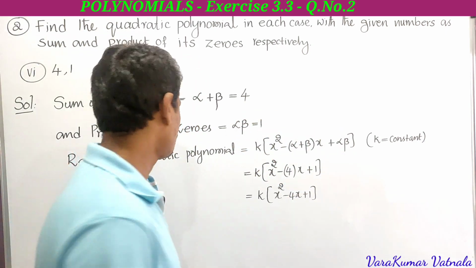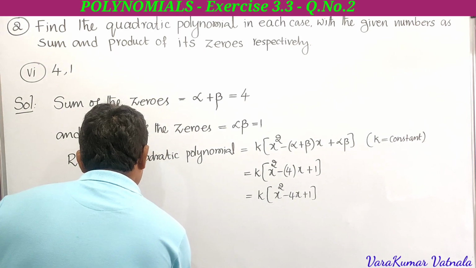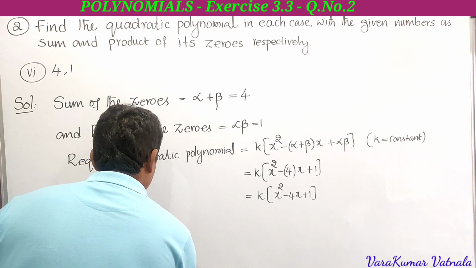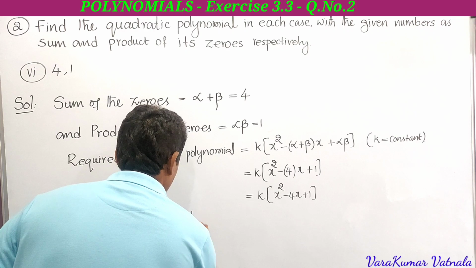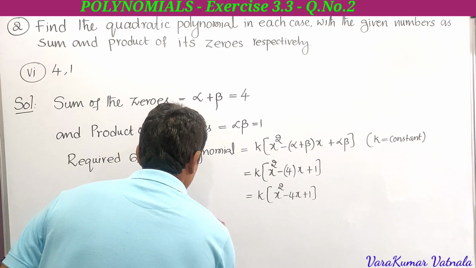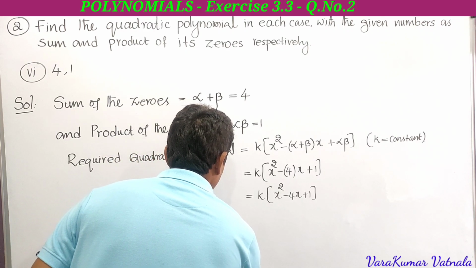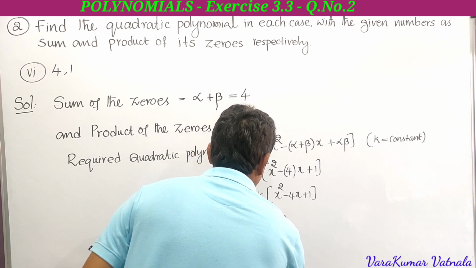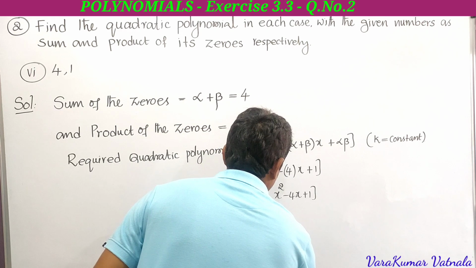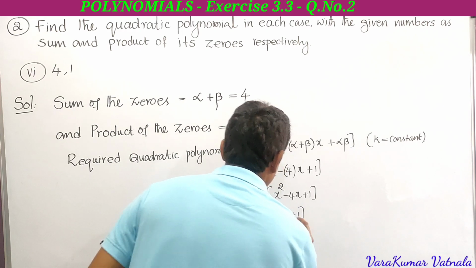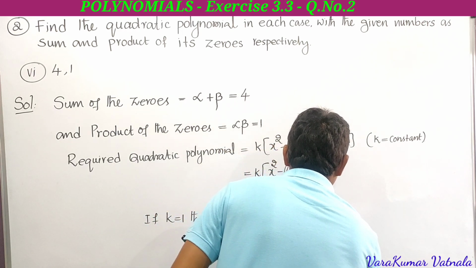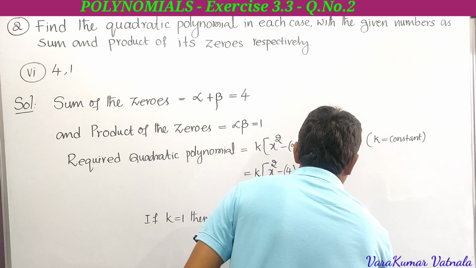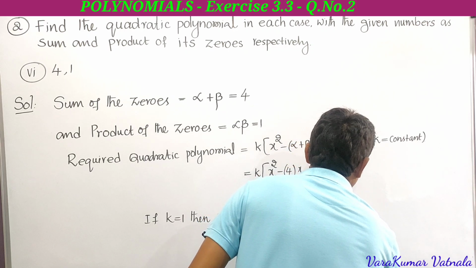So if k is equal to 1, then the required quadratic polynomial is equal to 1 into (x square minus 4x plus 1). So it is equal to x square minus 4x plus 1.